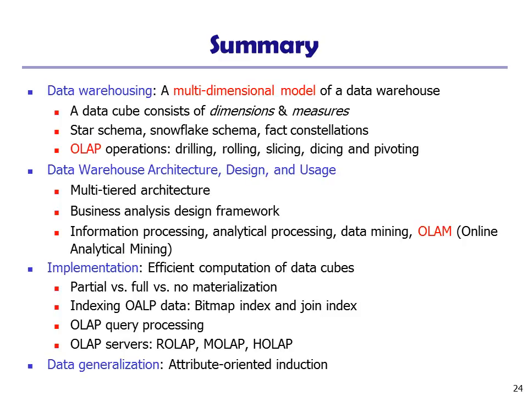We looked at bitmap index and join index in particular, OLAP query processing, and three different kinds of server architectures. Then finally we looked at the data generalization process called attribute-oriented induction.